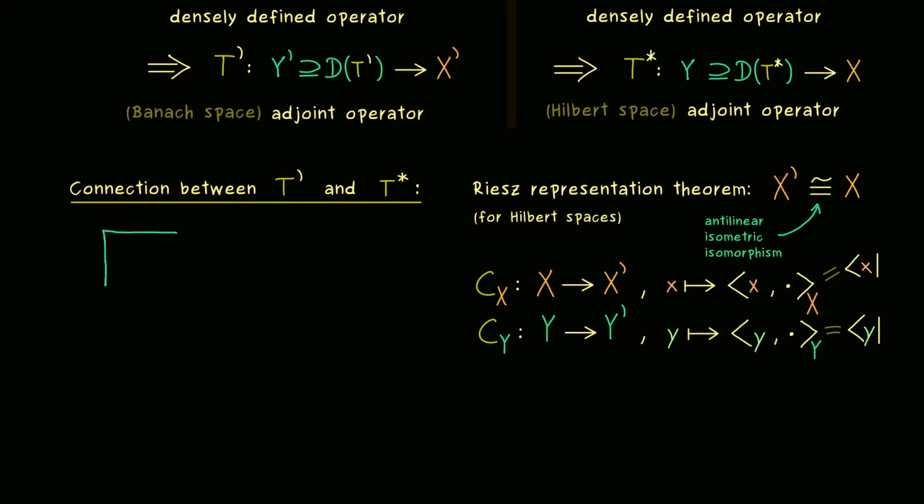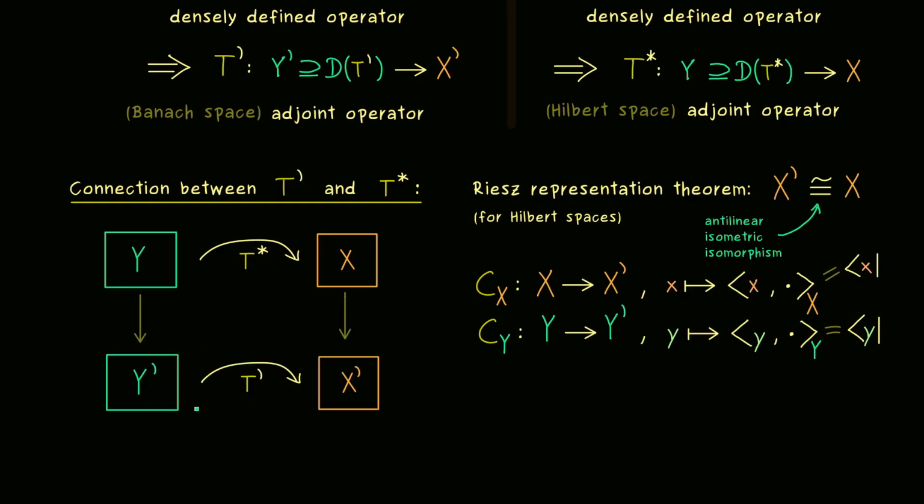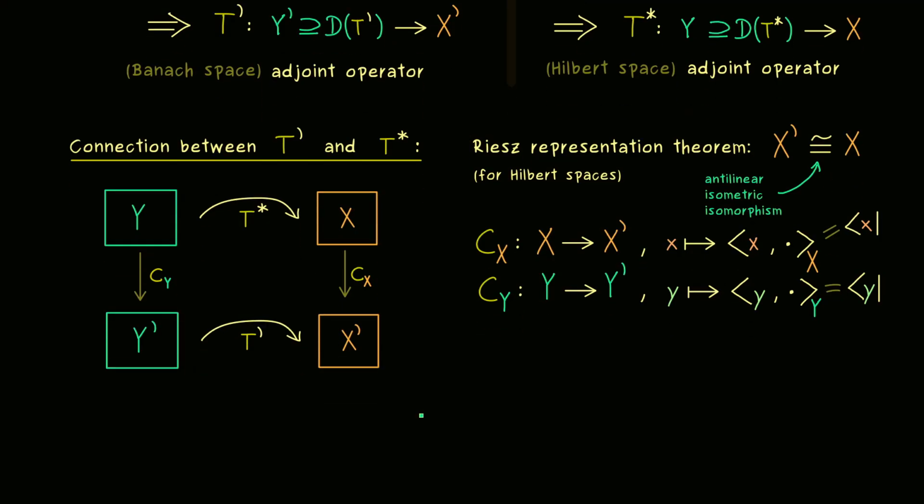Here on the left we have our Hilbert space Y, and then T star acts on it, and what we get is something in our Hilbert space X. On the other hand, the corresponding dual spaces we can put to the lower level. And there we know, in between we have just our T prime from Y prime to X prime. So apparently our translation here is quite simple, we just have to apply our C operators. And then we can actually check if we get the same result in both ways.